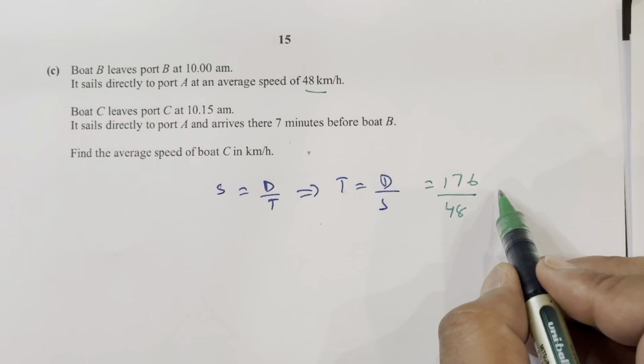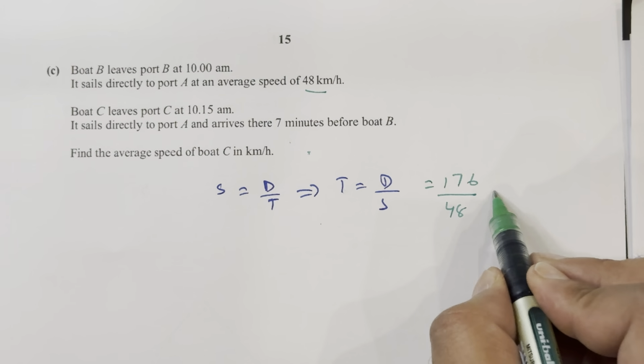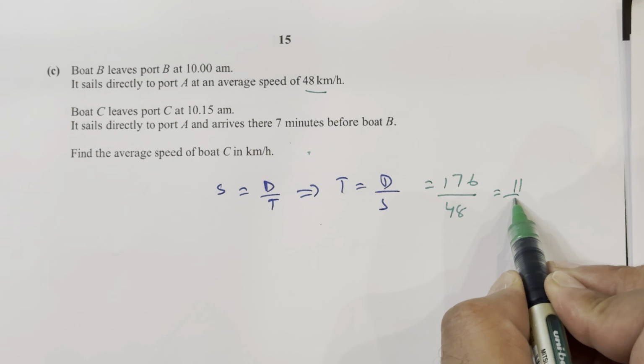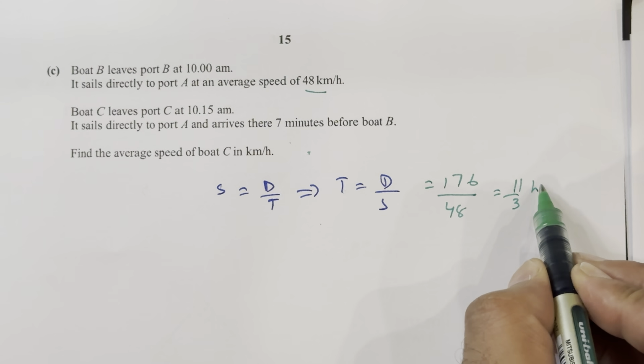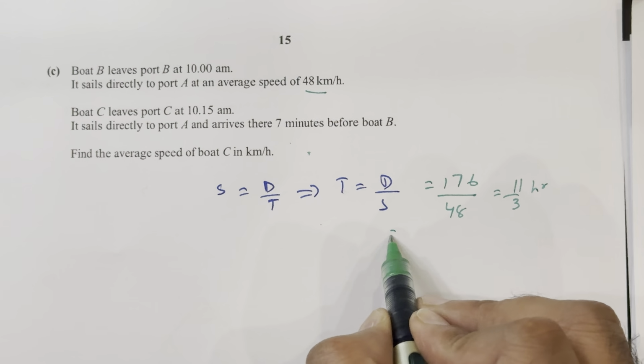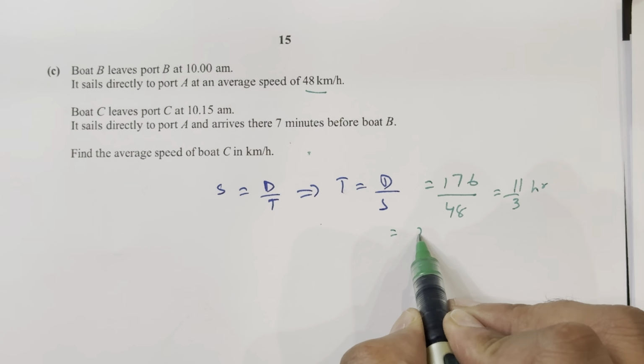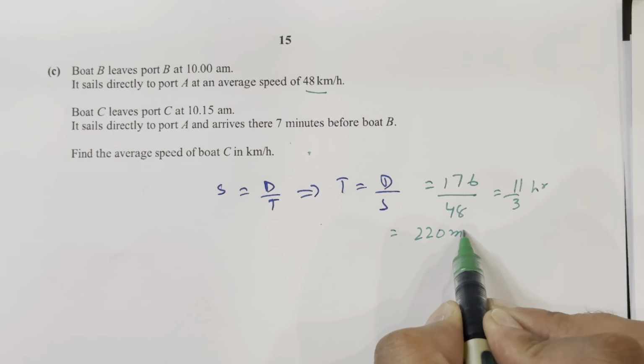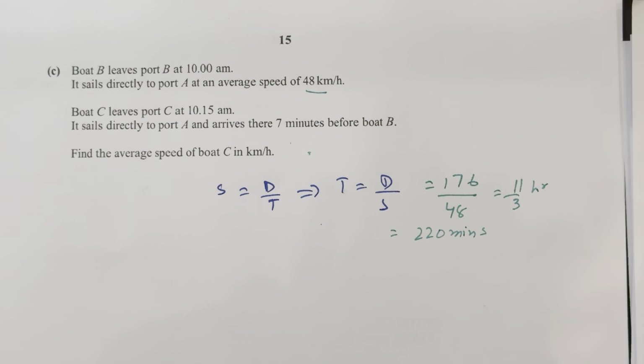So after dividing it, we get 11 by 3 hours. We multiply it by 60 to get the minutes. It would be 220 minutes.